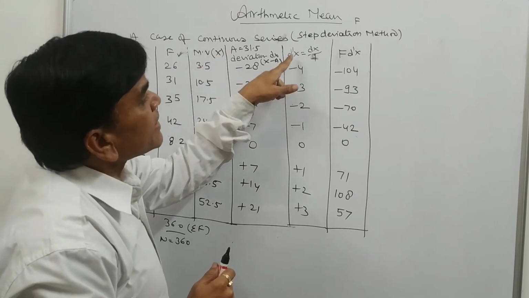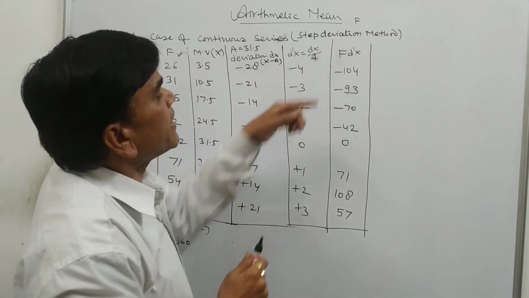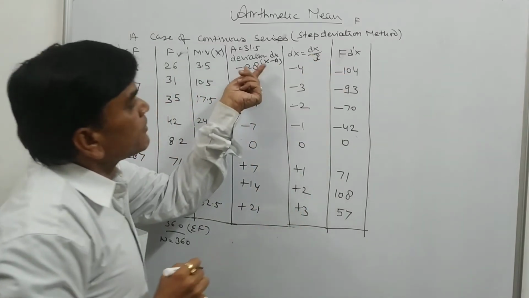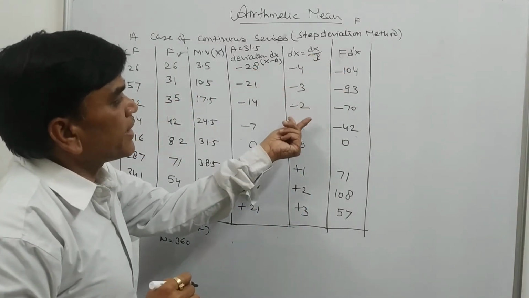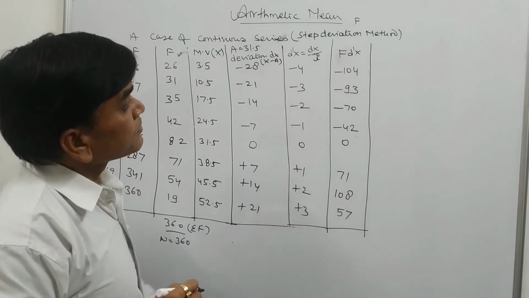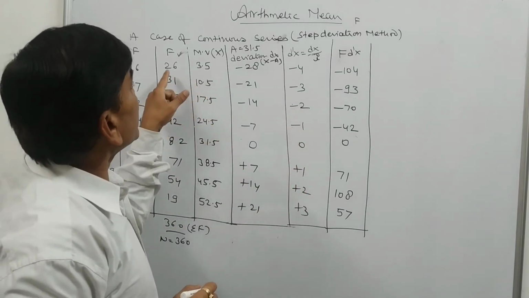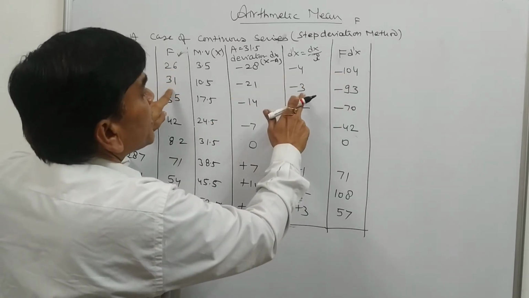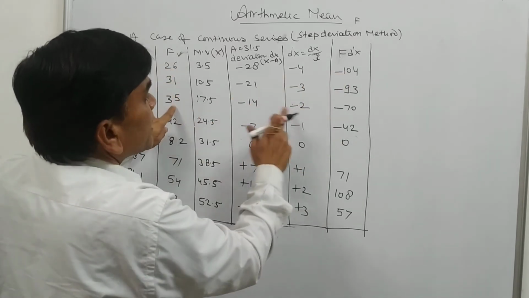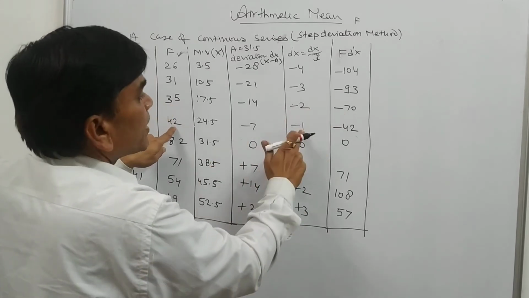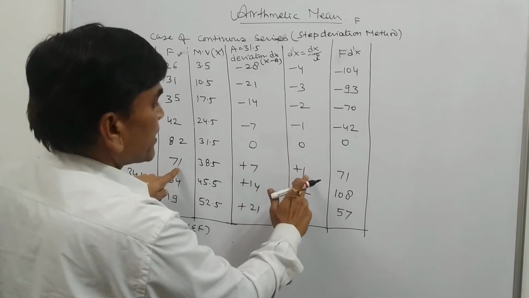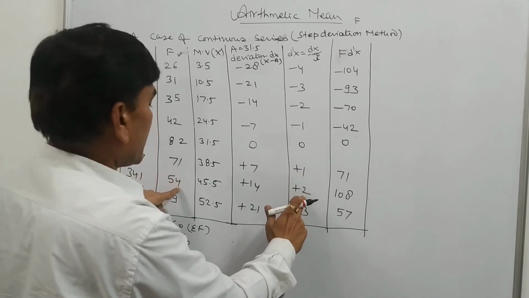But we will get the step deviation d dash x is equal to dx divided by I. It means we will divide all the items by the class interval. So we are dividing by 7. Now the calculation is very easy. 26 multiplied by 4, 104. 31 multiplied by 3, 93. 35 multiplied by 2, 70. 42 multiplied by minus 1. 82 multiplied by 0. 71 multiplied by 1. 54 multiplied by 2.